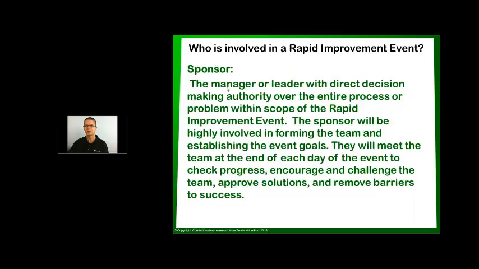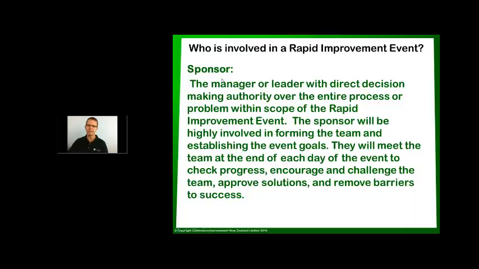So let's talk a little bit about the sponsor role, because I see the sponsor role being really vital to the success of the event. And by that I mean you need a sponsor who's going to perform the role well, someone who really wants the problem solved, and that it's really important to them that the problem is solved.